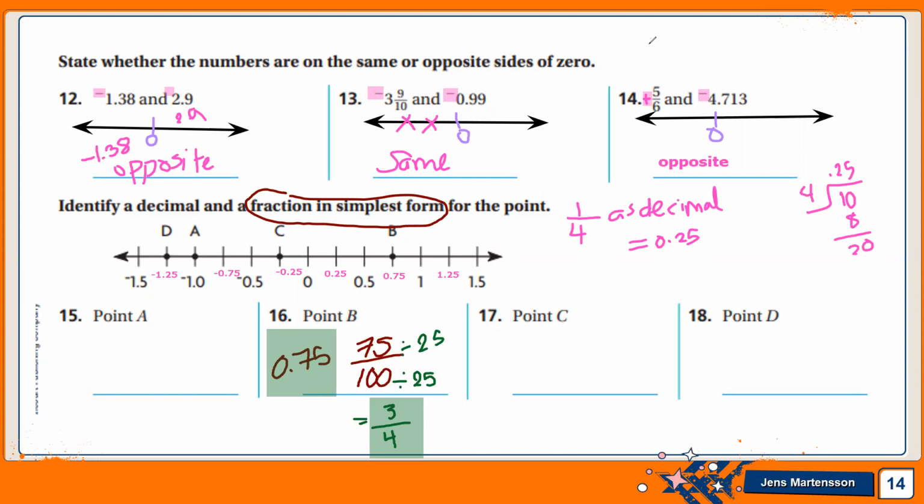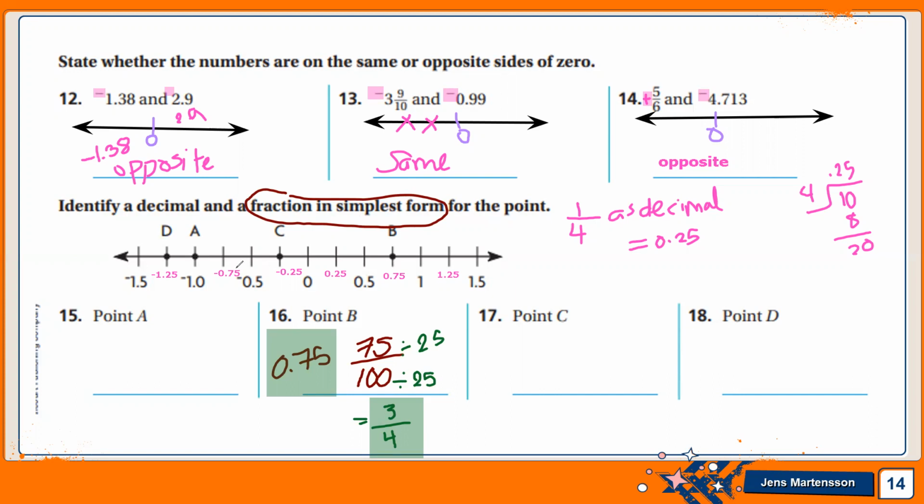Wasan, yes. What did you solve with number 17, which is point C, and 18? I want you to solve number 18. What is the number that is represented by point D?